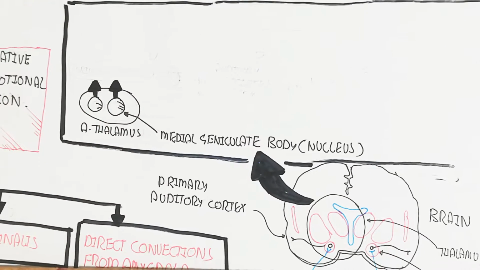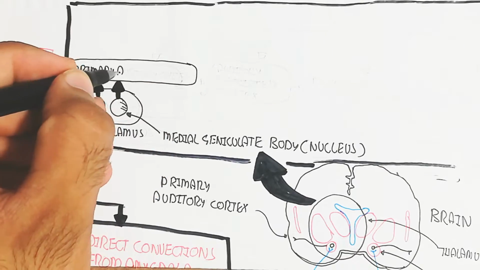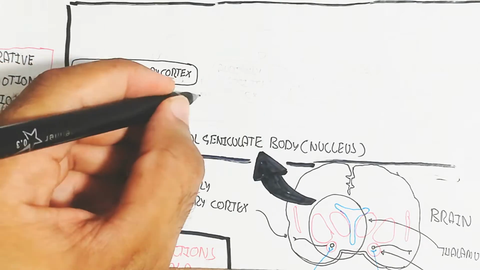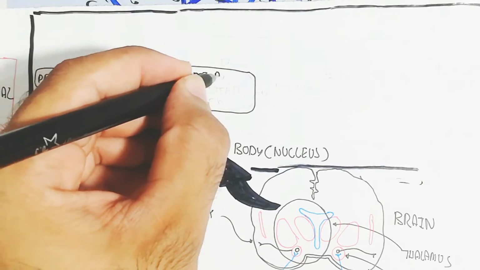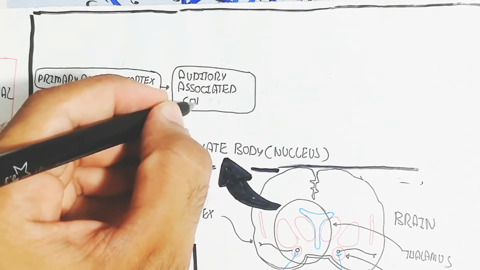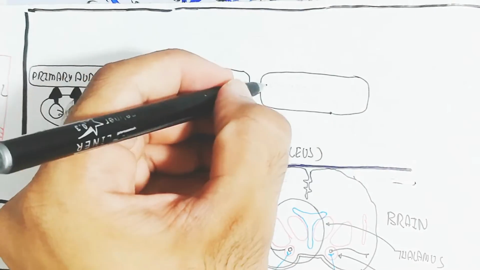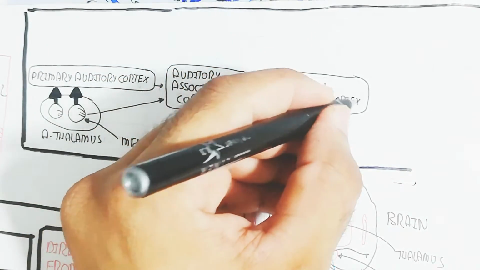It will transmit the signal of both nuclei to the primary auditory cortex. After that, the thalamus also sends the signal to the auditory associated cortex, and the primary auditory cortex also transmits the signal via a nerve fiber.